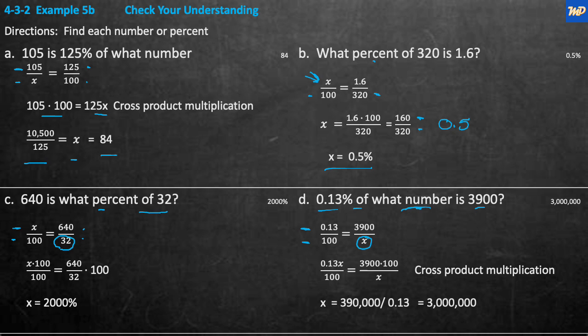Now you've got to divide by 0.13 to get rid of the 0.13 that you have on the left-hand side. And when you do that, you get x is equal to 390,000 divided by 0.13. And when you do the math on that, your number ends up being 3 million.